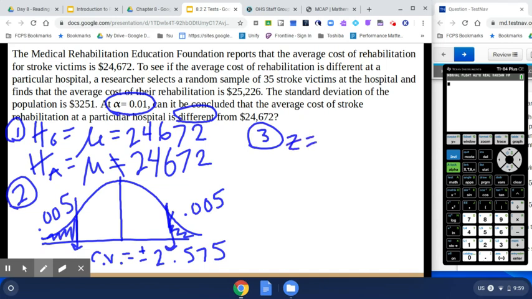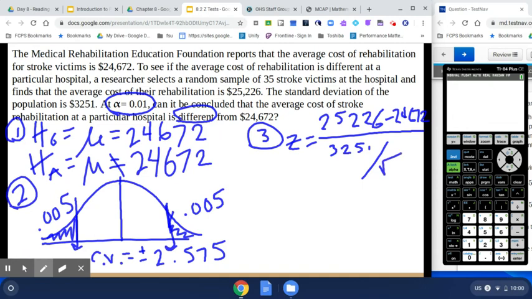So from the prompt, the sample mean was 25,226. The population mean was the value used for the null and alternative, 24,672, divided by the standard deviation of 3,251, divided by the square root of the sample size.